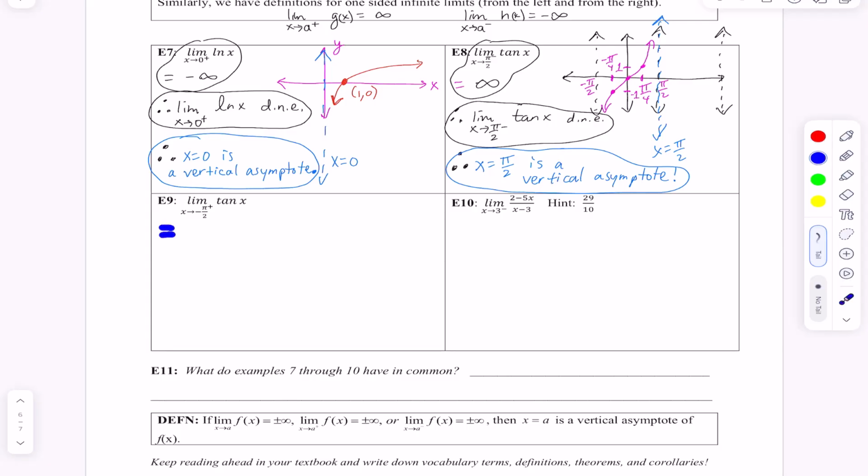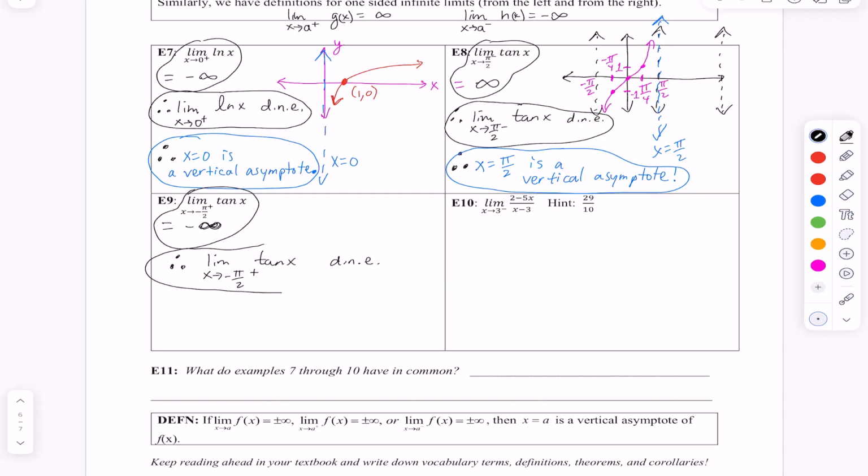So I'm going to write equals negative infinity. Very deceiving because infinity is not a finite number. Since it's not a finite number, we could conclude that the limit as x approaches negative pi over 2 from the right of tangent of x does not exist.